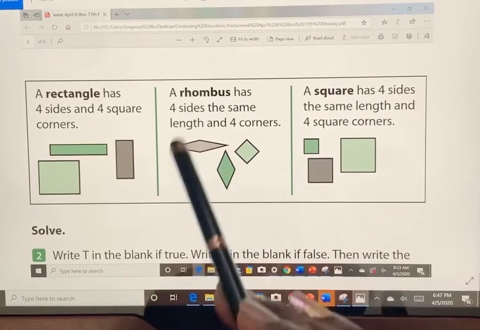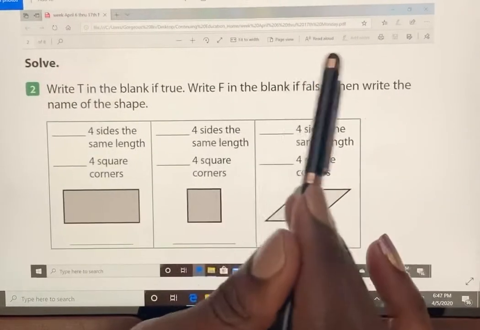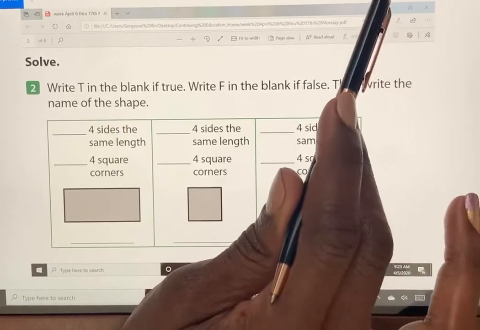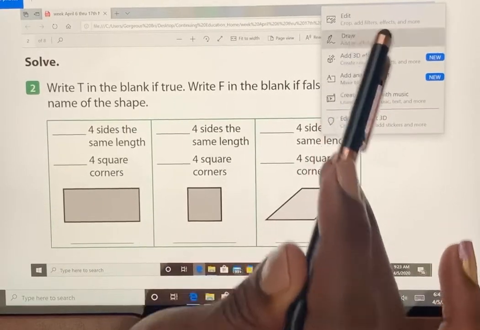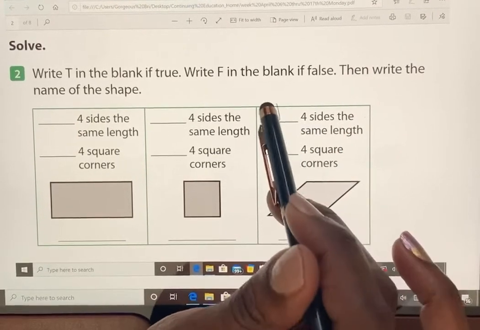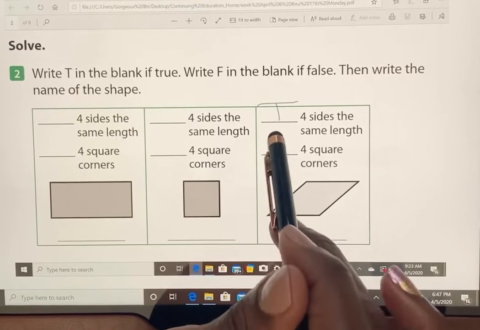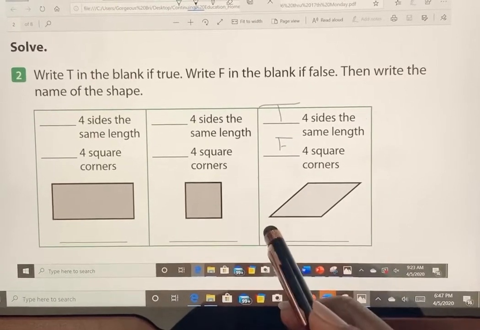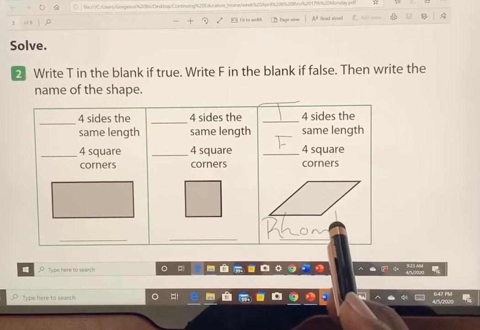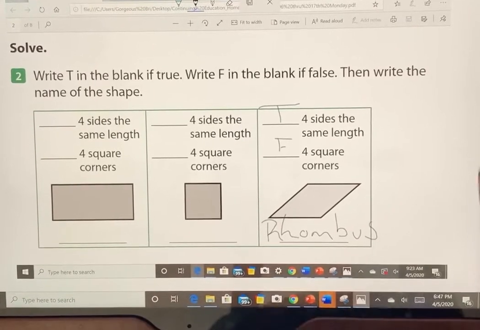So he's not considered to have 4 square corners. So are all the sides the same in length? Yes, true. But 4 square corners? False. He is known as a rhombus. Okay.